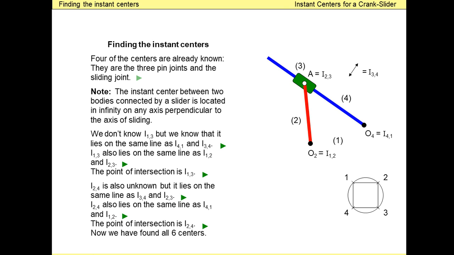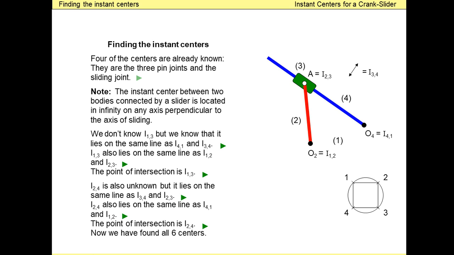Now we have to determine I13. I13 lies on the line joining I12 and I23, and also on the line joining I14 and I43. So I13 lies at the intersection of the line joining I12, I23 and the line joining I14 and I43.